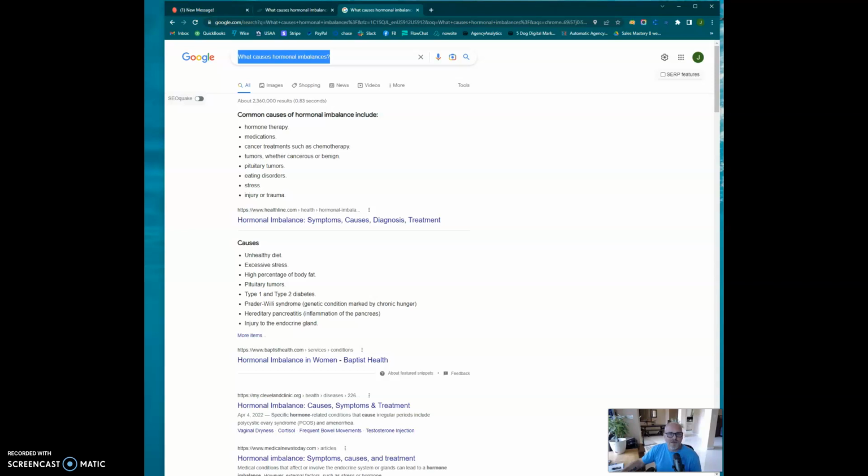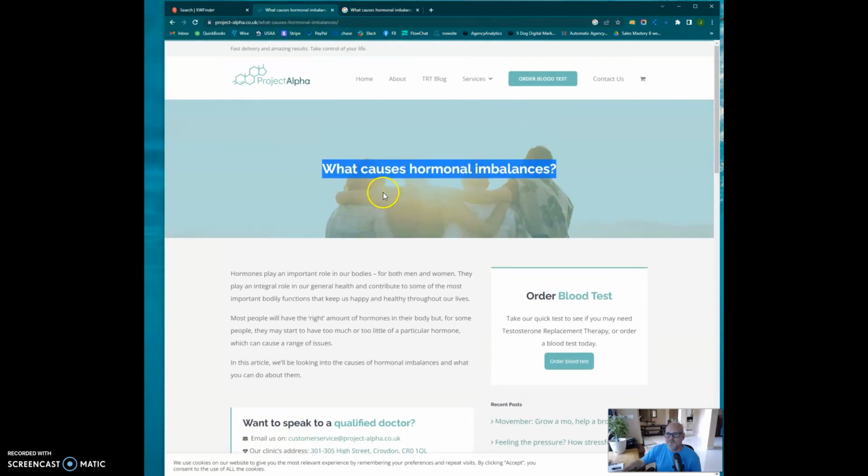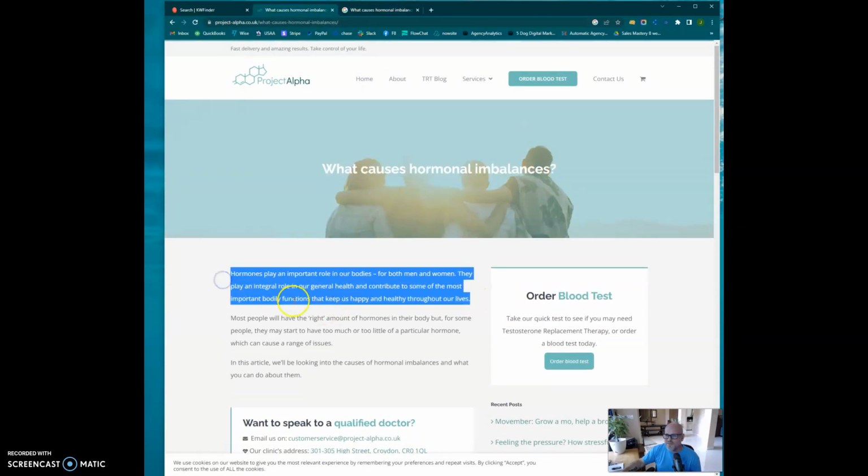Number 4, integrate SEO-friendly elements. We kind of touched on this a little bit, but what I'm talking about here is breaking it up a little bit. If you see a wall of text, your eyes are going to glaze over and you're going to click away.